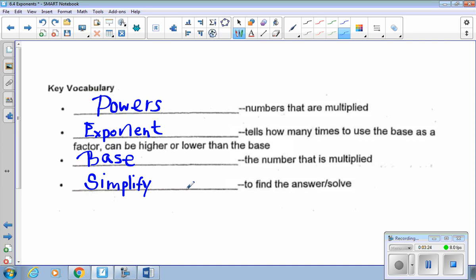You're going to want to be familiar with that, because on your quizzes and on your tests, you'll see a lot of just the word simplify and then the problem. You may not always look at an exponent as just a problem, but it just wants you to give a final answer that's a little bit simpler than saying, oh, 7 to the third power, or anything like that.